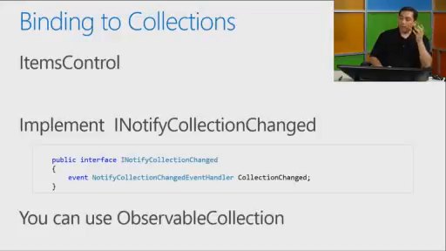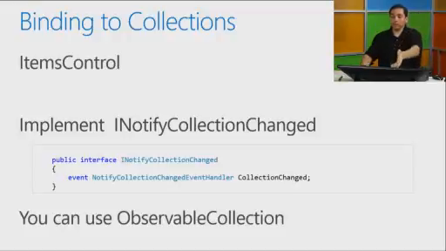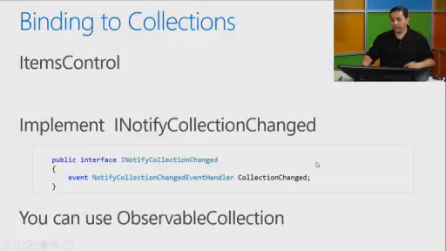Now, if you do want to notify the list box whenever something gets inserted, then you implement this thing called INotifyCollectionChanged, which again is a very simple interface with just one event handler, and then you do the work to notify the change when something was inserted.